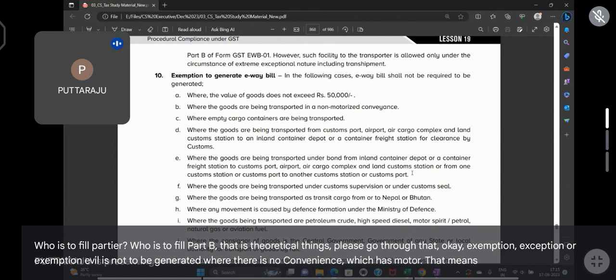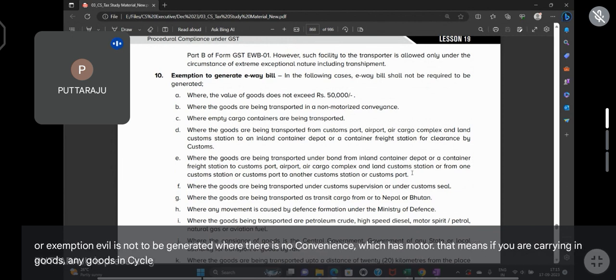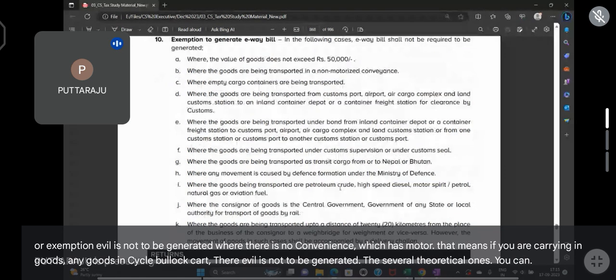That means if you are carrying goods in a cycle or bullock cart, an e-way bill is not to be generated. Those are all theoretical ones. You can easily read.